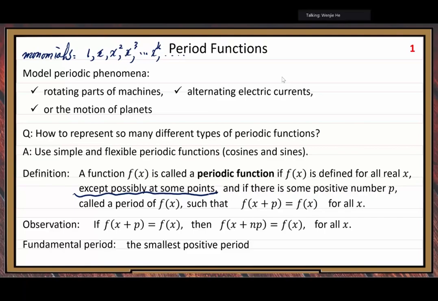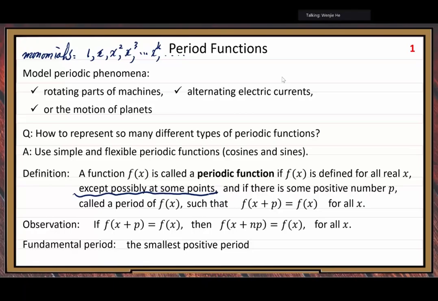Let me explain the reason. Suppose you have a periodic function, and you find the sine cosine representation of that periodic function in a perfect way.